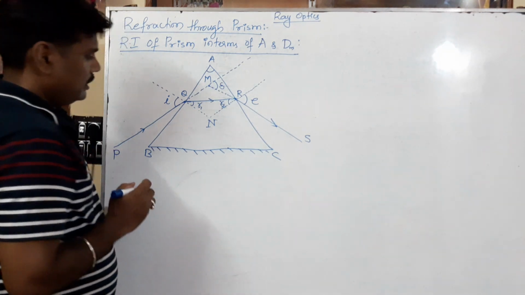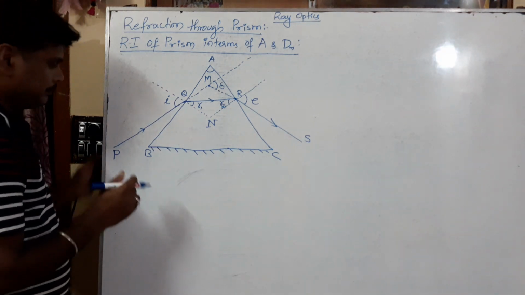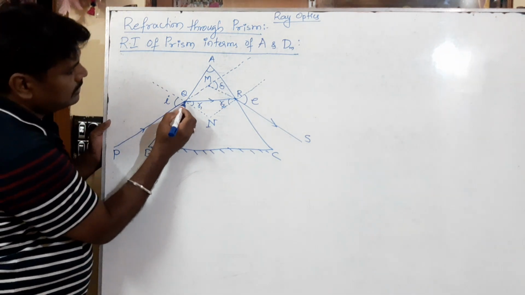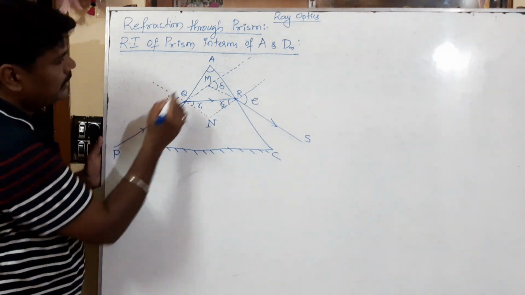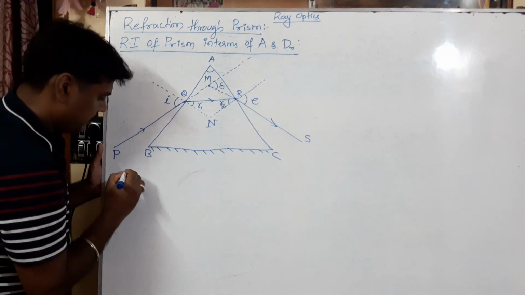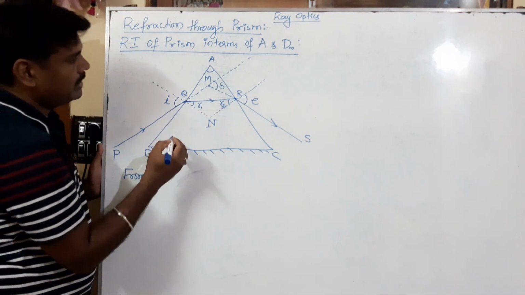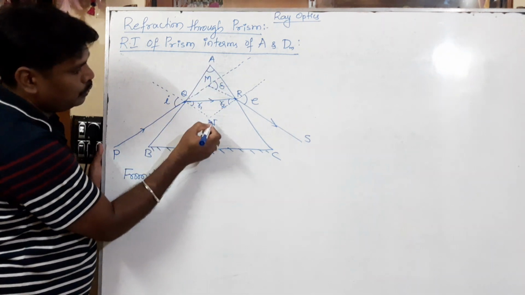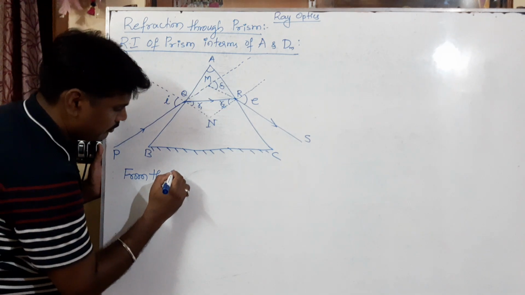Now to start the derivation, the derivation contains mainly 3 parts. In the first part, observe the ray diagram carefully. First, consider the quadrilateral AQNR.